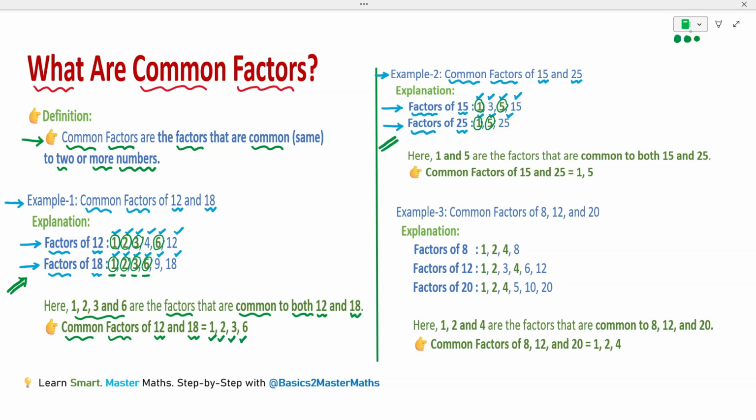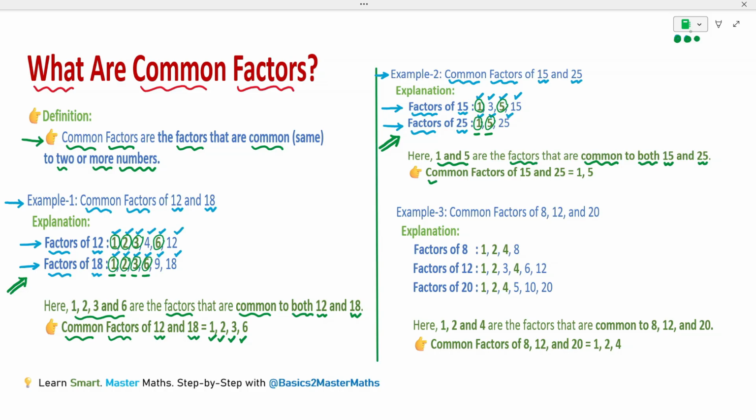Observe here. 1 and 5 are the factors that are common to both 15 and 25.